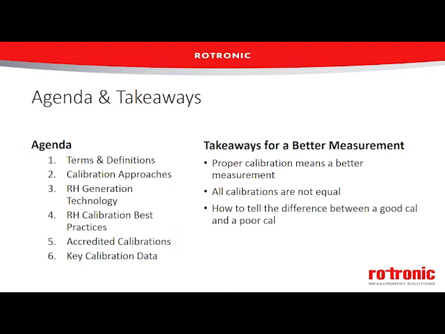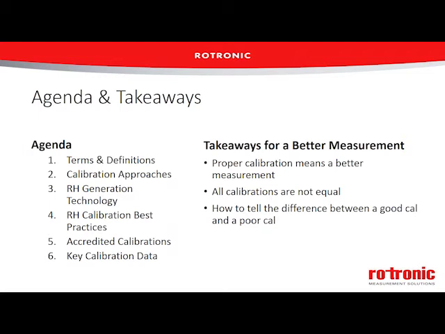So some of the key takeaways that we want for everyone today is to understand that a proper calibration means a better measurement, and means that the end user will be able to make a better measurement with their instruments. It's also important for us to understand that not all calibrations are equal. There are different methods being used here, and just because you use one of them, it doesn't mean that an instrument will be calibrated to meet manufacturer's spec.